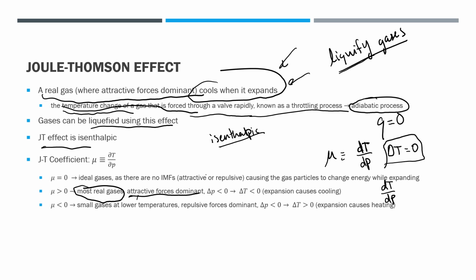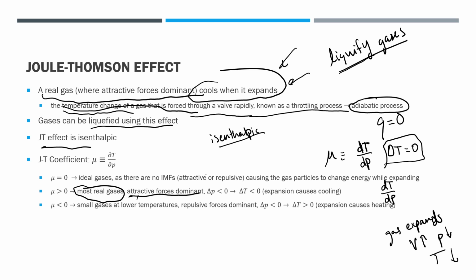That means when I expand, the gas expands, what happens? That means volume increases, right? Which means pressure is going down. Whenever volume increases, pressure goes down. And when I'm going against attractive forces, what happens? I cool, right? My gas is going to cool. So what does that mean?